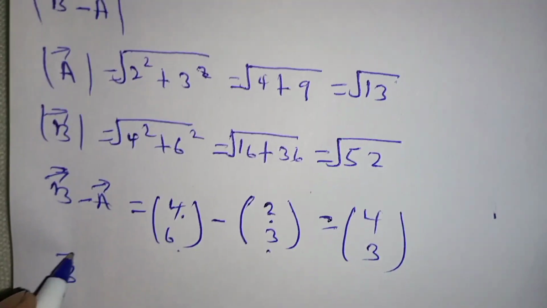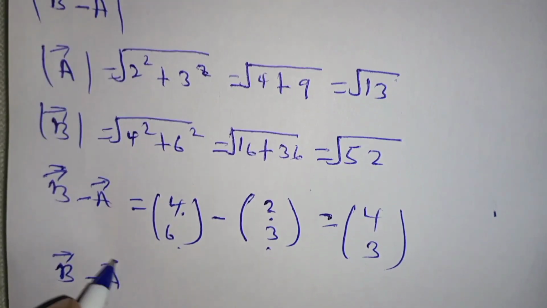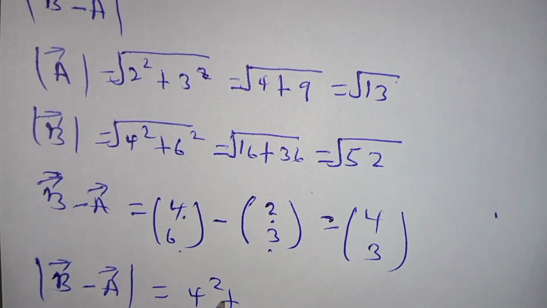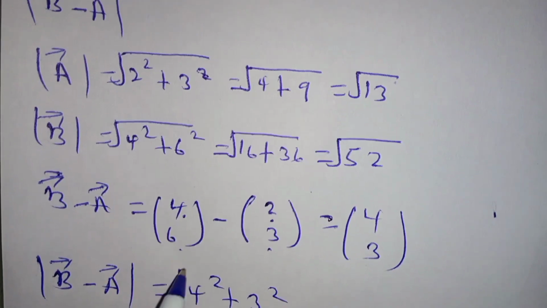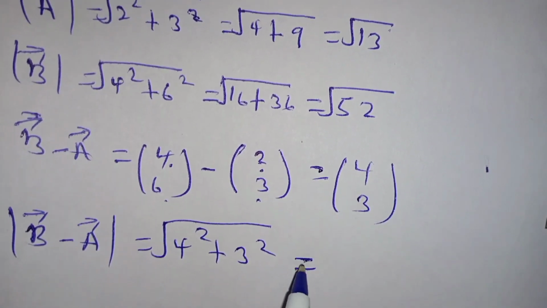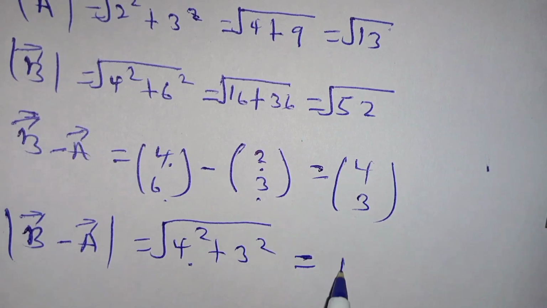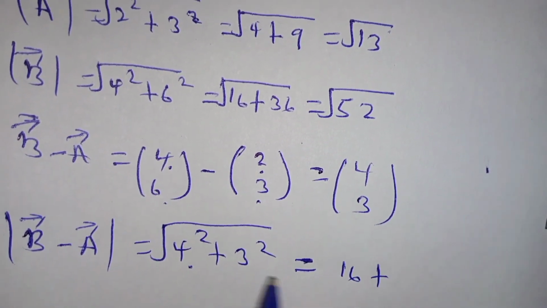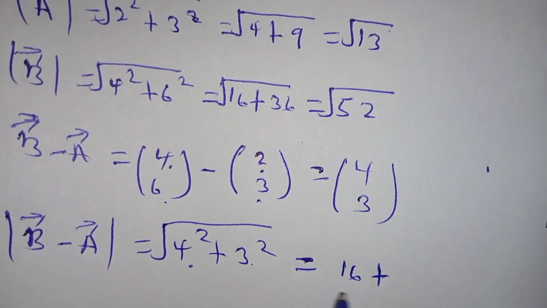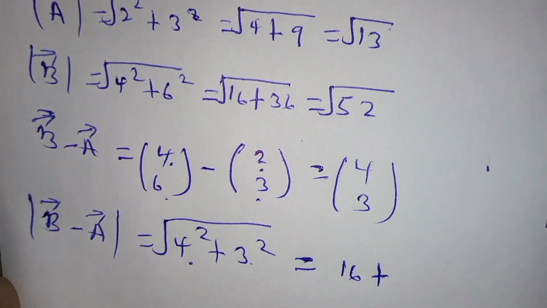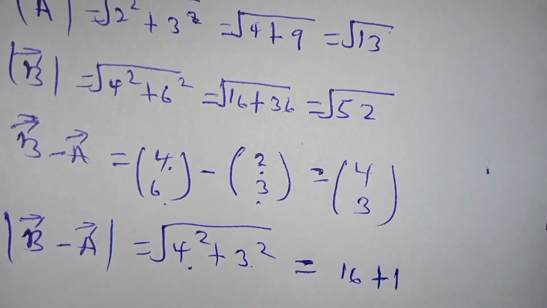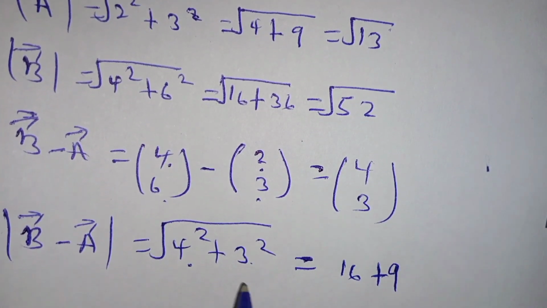So modulus of vector B minus vector A is equal to the square root of 4 squared plus 3 squared, which will give you 16 plus 9.